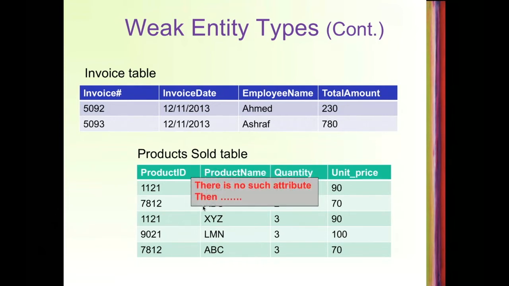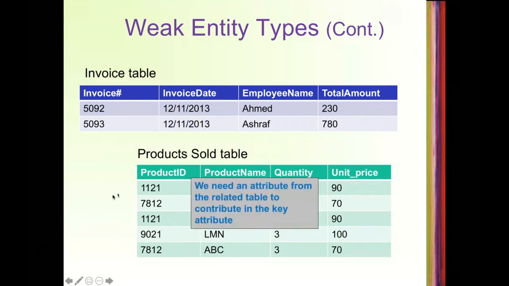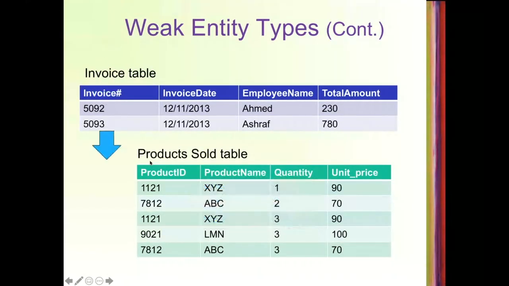There is no such attribute which defines each of the products sold. So we need an attribute here which can define each product ID sold. Remember, this is table number 1, this is table number 2. So in table number 2, we have to copy something from table number 1 and link these two tables together.